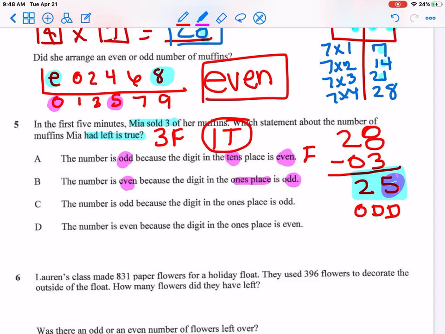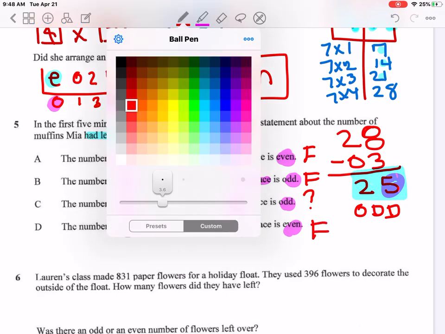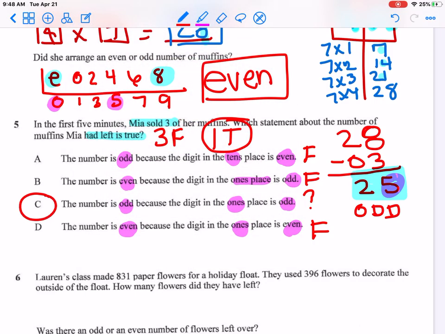Well, the number is not even, so that is false. Let's look at letter C. The number is odd because the digit in the ones place is odd. That sounds true, but I'm going to put maybe because I have one more answer choice to analyze. The number is even because the digit in the ones place is even. And that is false. This number is odd. So my answer choice is letter C.